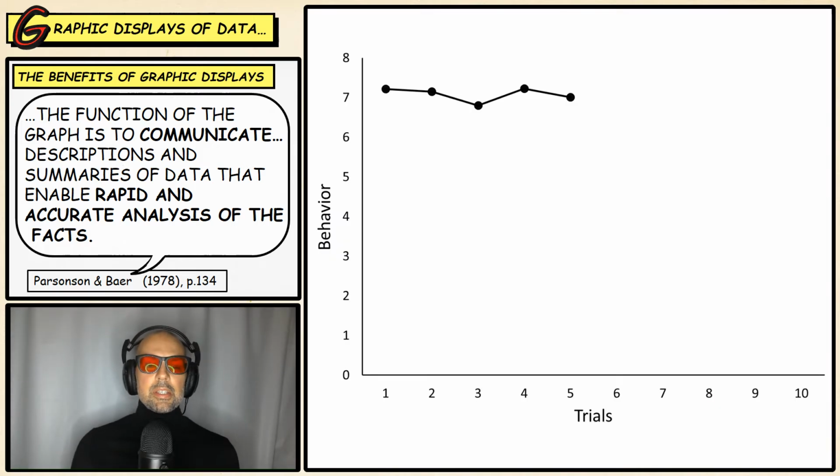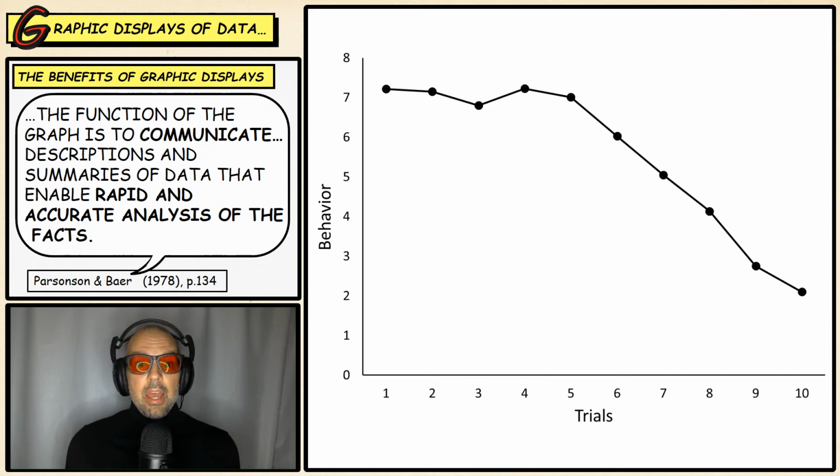If you see something interesting happen in the behavior, you can immediately respond to that. You can immediately explore interesting things. What caused that decrease in behavior? What caused that sudden drop that occurred in trial 6? This allows the research to go forward by allowing us to come up with interesting questions by taking a look at what is actually happening with the behavior.